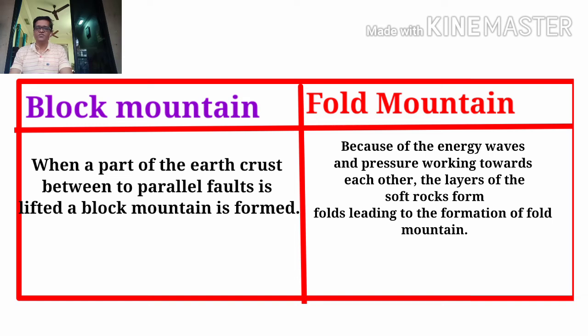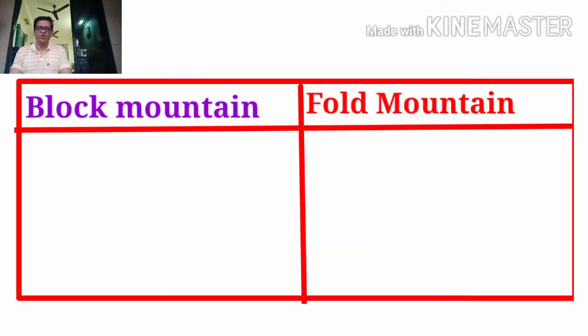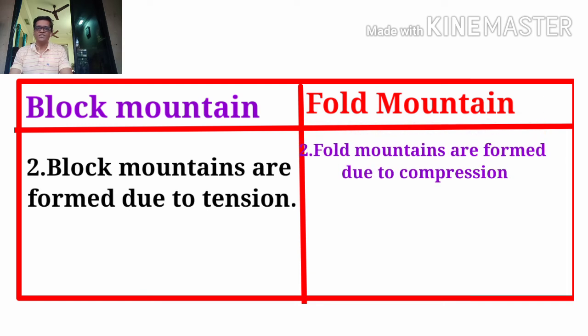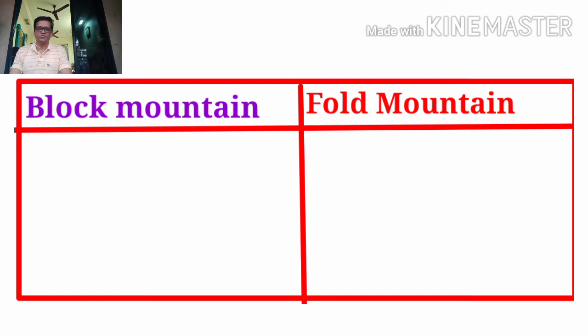The layers of the soft rocks form folds leading to the formation of fold mountains. Second difference is block mountains are formed due to tension, whereas fold mountains are formed due to compression.